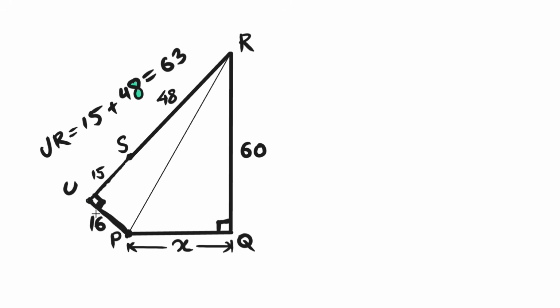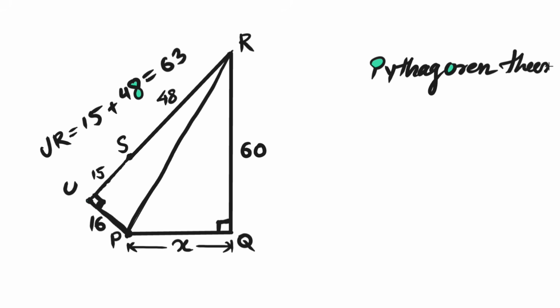Let's look at this step carefully now. We're going to focus first on triangle UPR. And we already established that the angle at U is 90 degrees. So this is a right triangle, which means the Pythagorean theorem applies perfectly here. Quick reminder of what that theorem actually says.